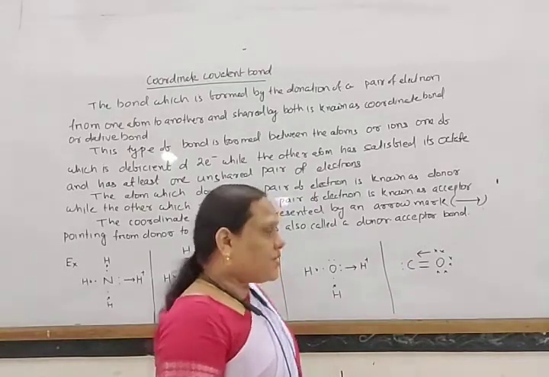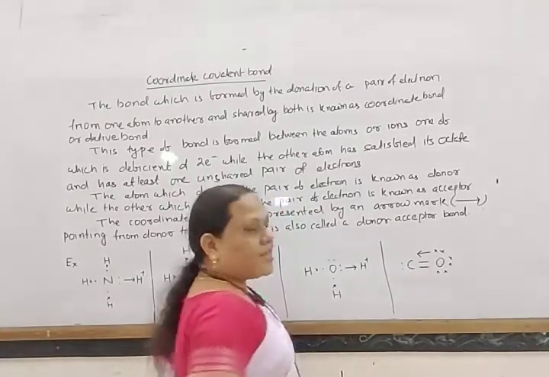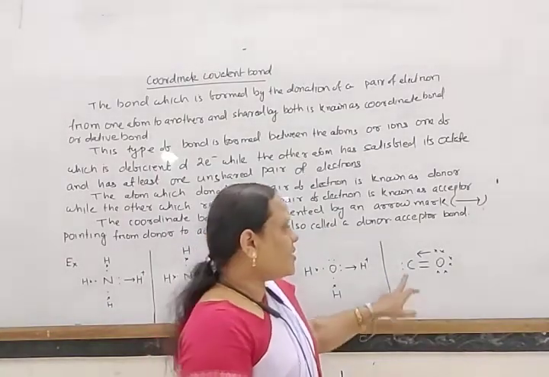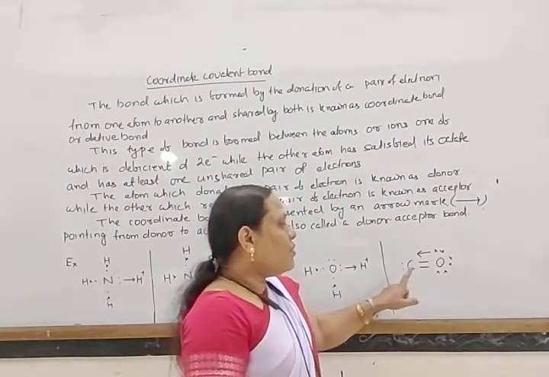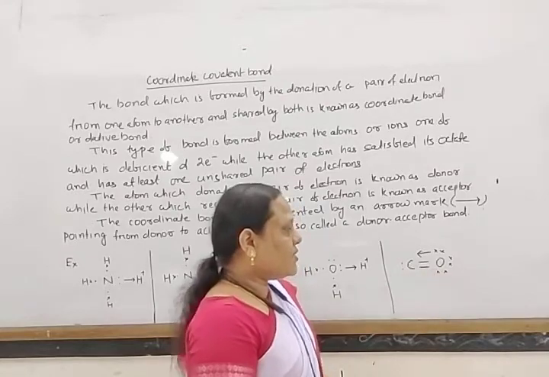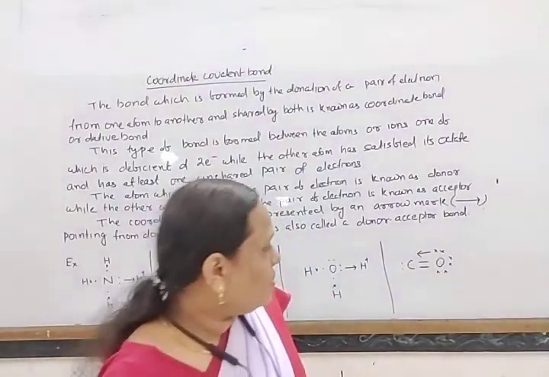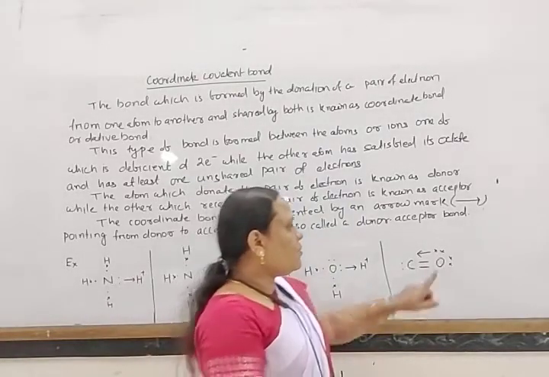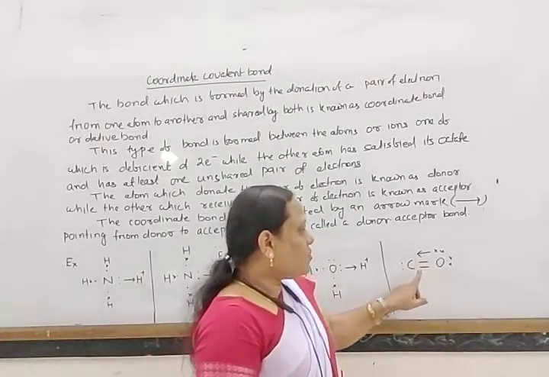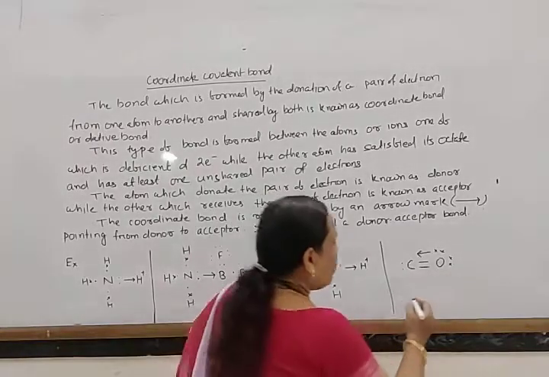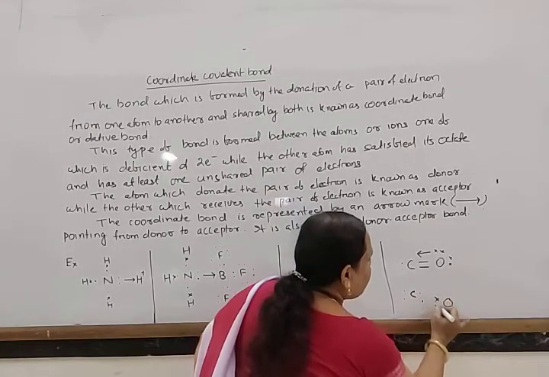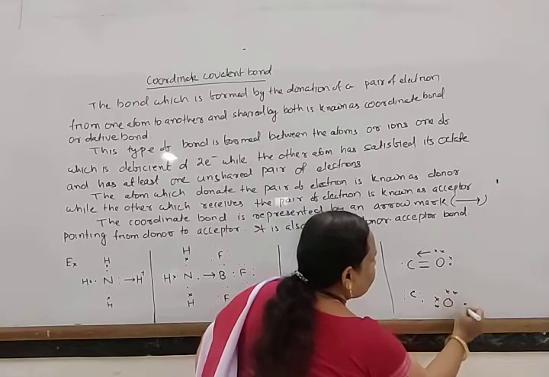Similarly, carbon monoxide. Carbon has 4 valence electrons. 2 electrons remain unshared like this, and it forms 2 shared electrons with oxygen. Carbon has 1, 2, 3, 4, and oxygen has 1, 2, 3, 4, 5, 6.